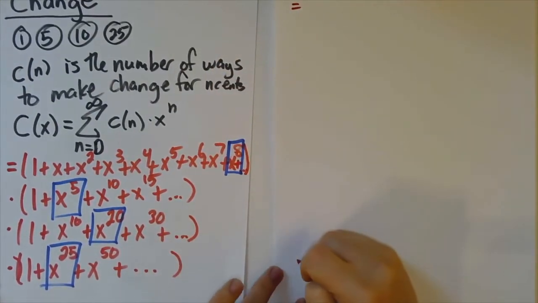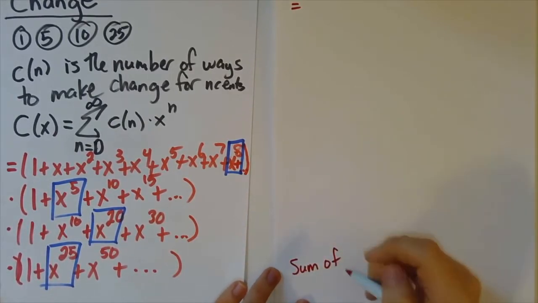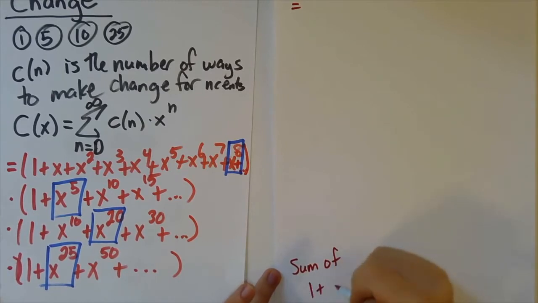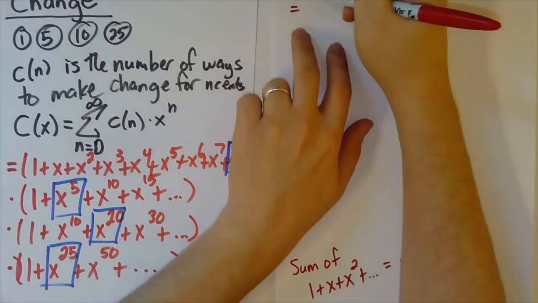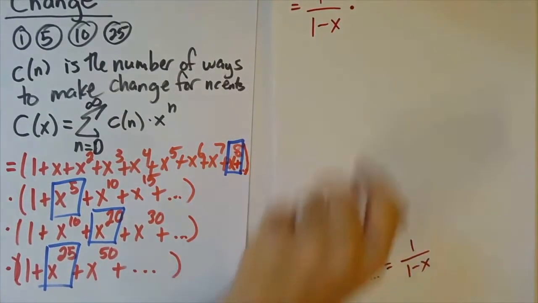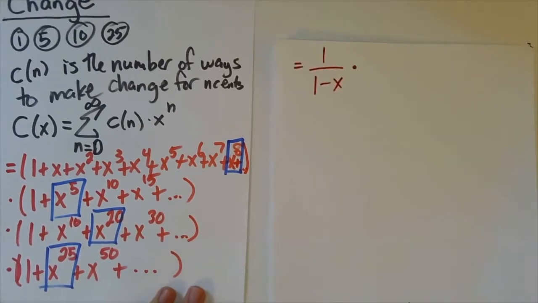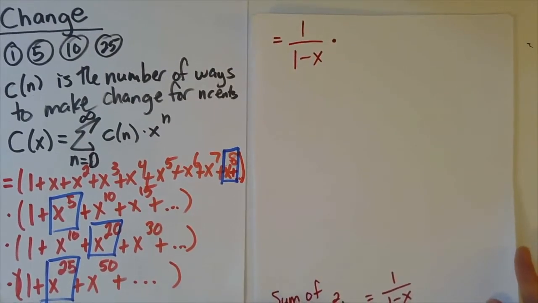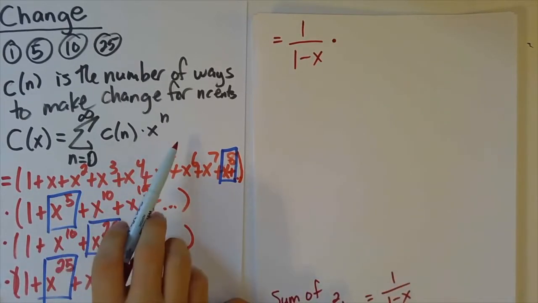So this is just a formula. The sum of 1 plus x squared plus dot dot dot, as we did in the last video, that's 1 over 1 minus x. So this is 1 over 1 minus x times, and then the second one here, now the common ratio is x to the 5th, so I need to put an x to the 5th in for x in this first line.